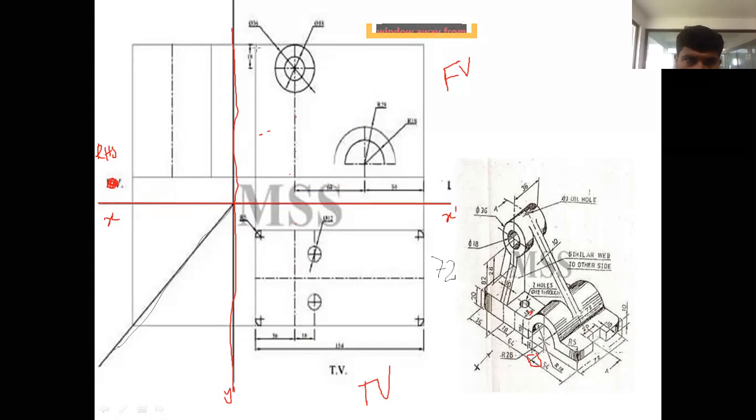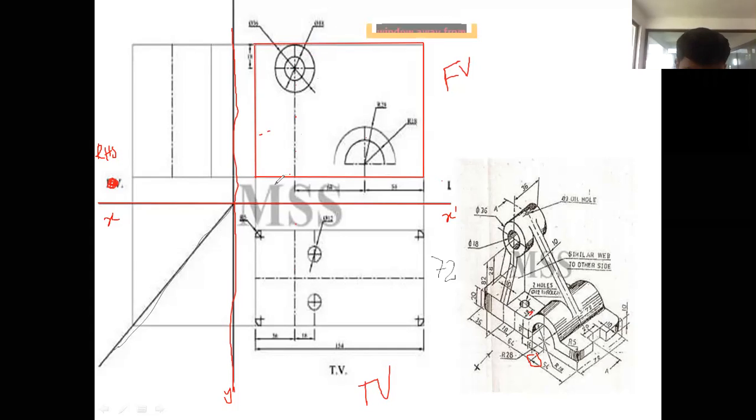Then draw a box of 100 by 154. This is the front view.